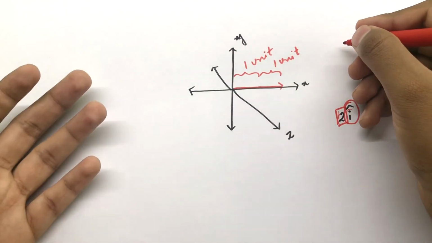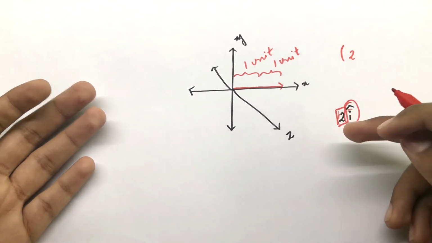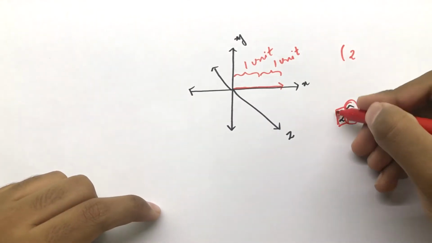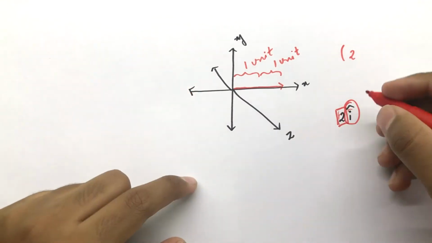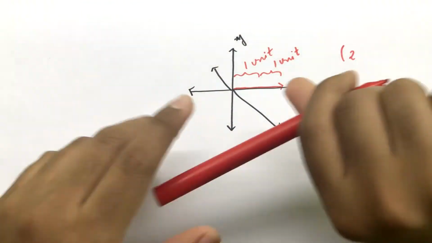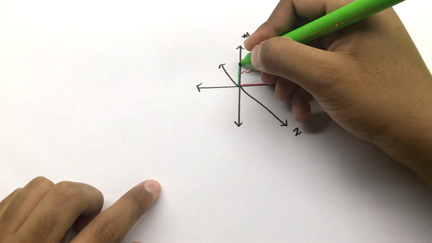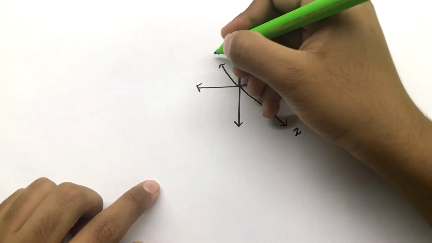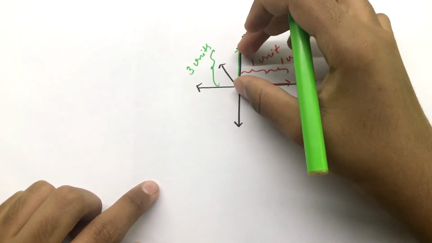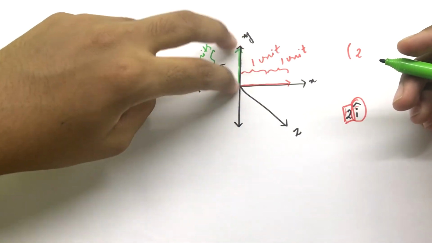So like in the last video where we would mention 2, over here we said 2 i cap. So 2 i cap, what does it tell us? 2 tells us the length of the line is 2 units, and i cap tells us it's along the x-axis. And similarly, if I were to go, let's say 3 units above the x-axis, along the y-axis over here, not drawn to scale of course, if this line along the y-axis happened to be of length 3 units, how would I represent this vector?